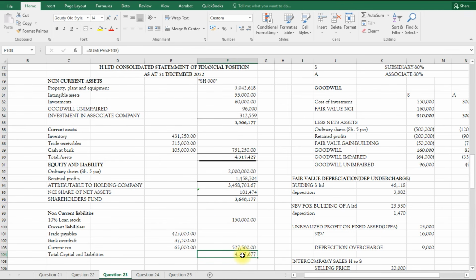Here I'll control bold 4317, 677, 43 total assets.